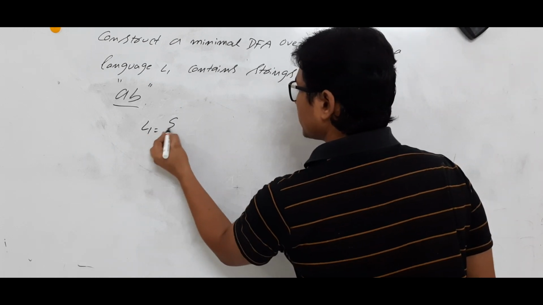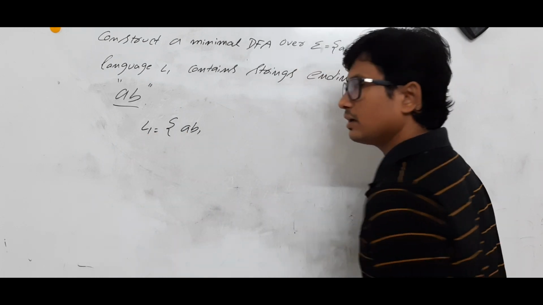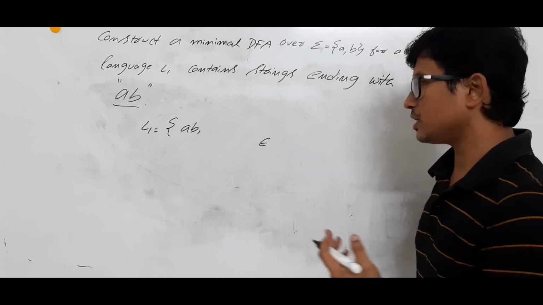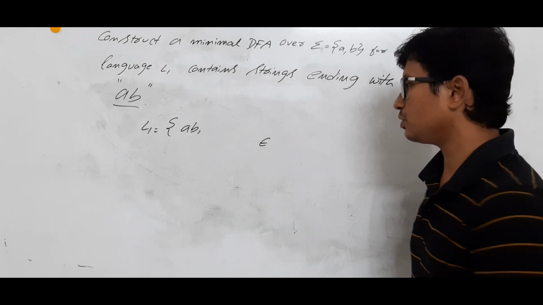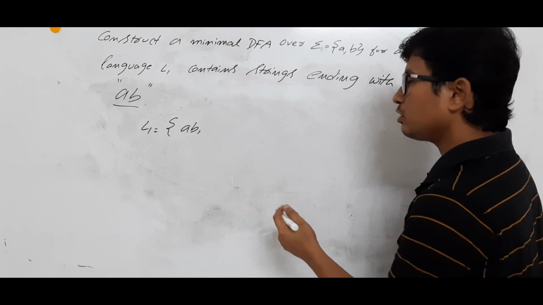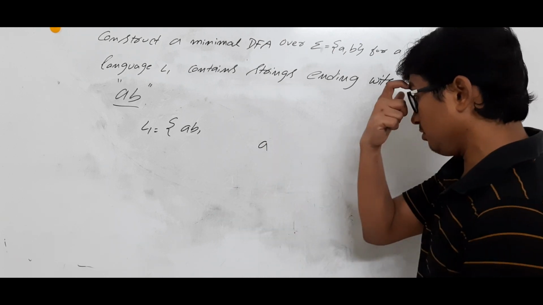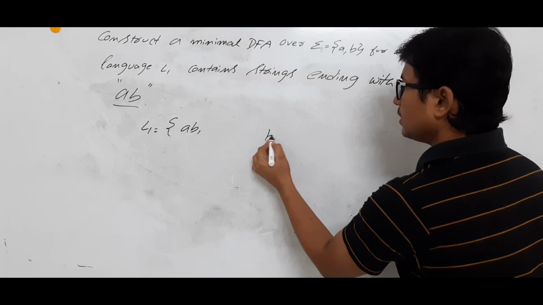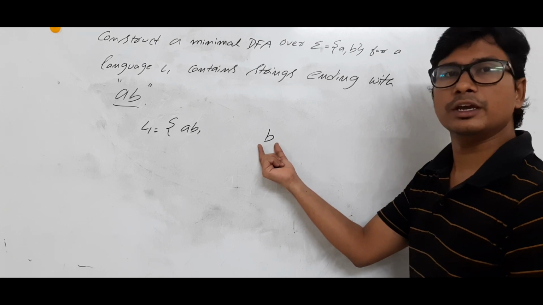The smallest one is AB. Why? You can ask me, sir, epsilon, length 0, is it ending with AB? No, so it does not belong. Length 1 is A, is it ending with AB? No, it consists only of A, and how will it end with B? So it is also not ending with AB.